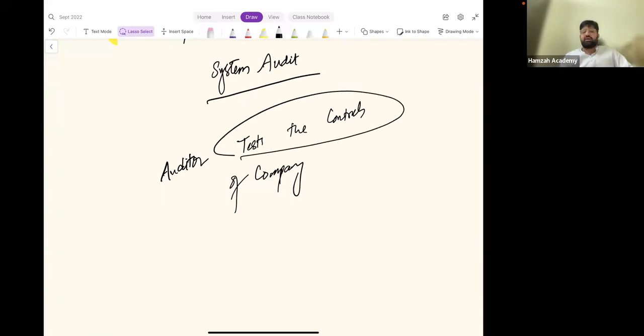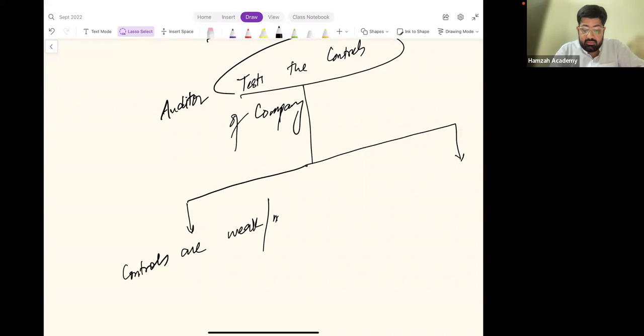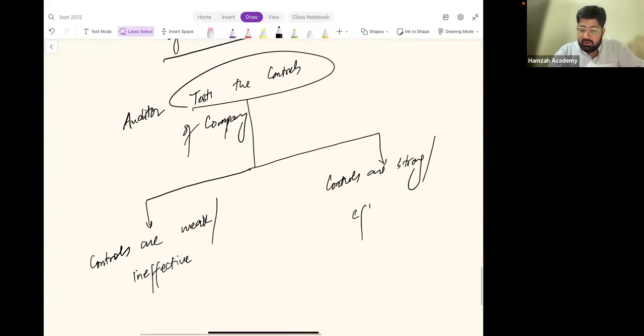So the auditor tests the controls of the company, and based on that, after testing the controls, the auditor derives two results: controls are weak, ineffective, or controls are strong, effective. Two possibilities are there.